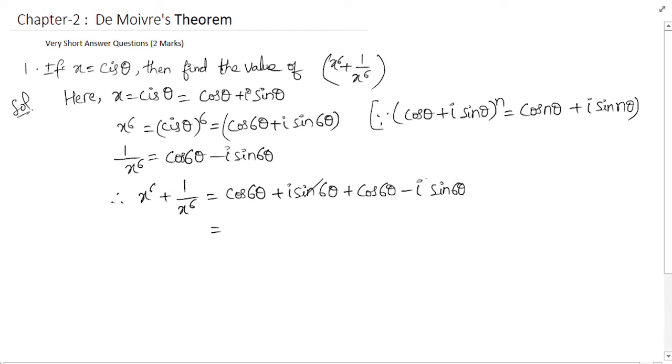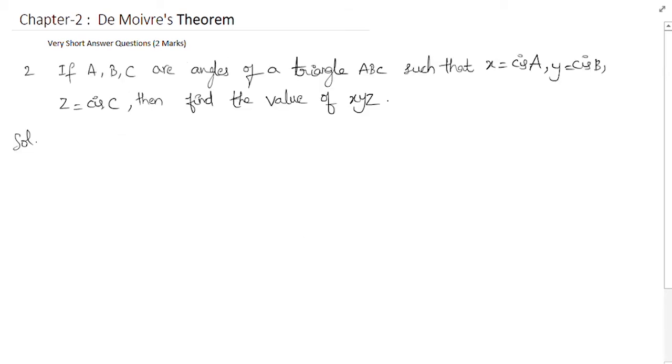Here plus and minus will get cancelled, right? So we have cos 6 theta here and even here. So the answer will be 2 cos 6 theta. Okay, so here is our solution for the first problem.